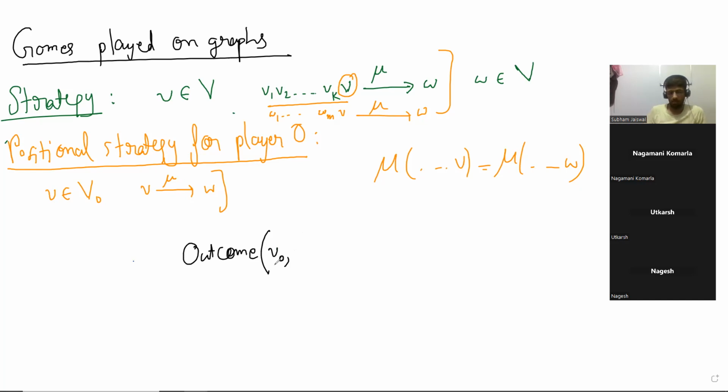You have to just be careful, that's the only thing when defining things here. The game starts with V0, and let's say that chi is a strategy. This is a strategy for player 0, and this is a strategy for player 1.